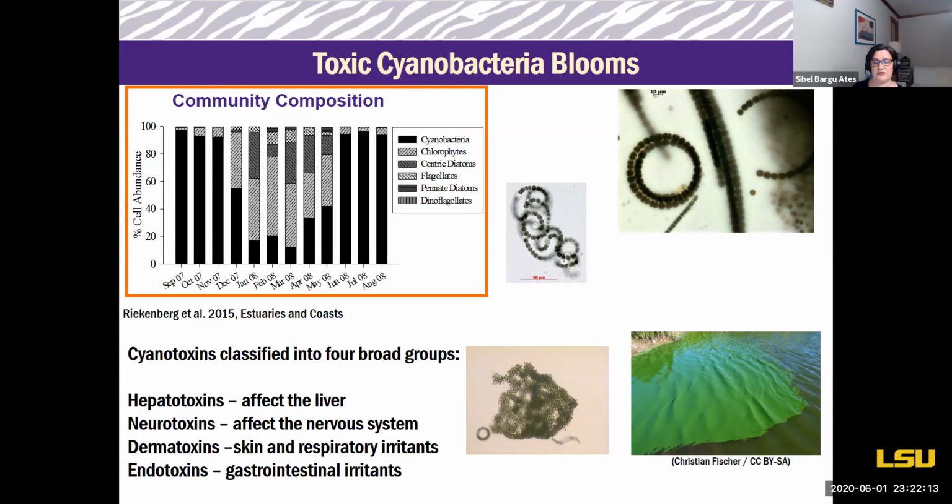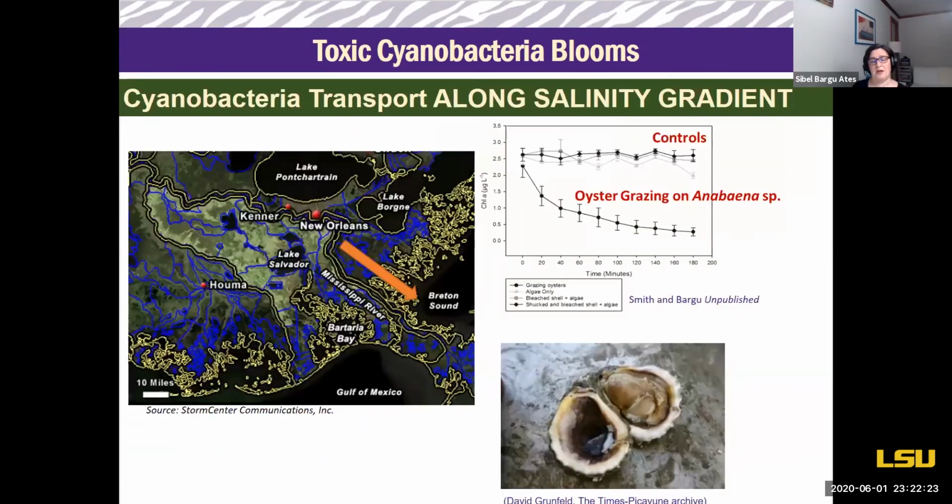Dermatoxins are skin and respiratory irritants, and endotoxins are gastrointestinal irritants. In addition to nutrient dynamics and their toxicity, physical parameters can be equally important to determine their distribution, their toxicity, and impact on the environment.